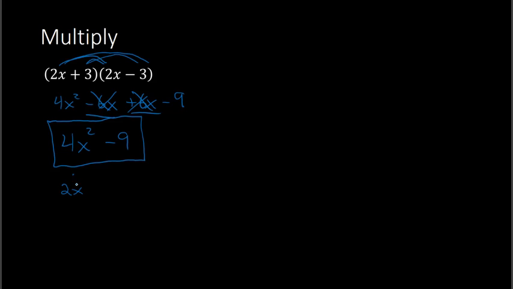Here we have a 2x being squared, and here we have a 3 being squared. So this is called the difference of squares because we are subtracting, which is the word difference, of two things being squared. So difference of squares. And we'll discuss this specific example more as time progresses.